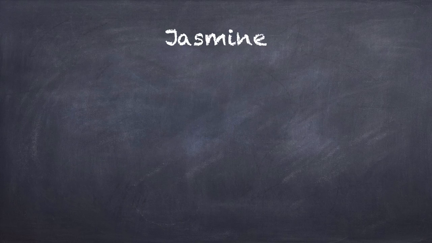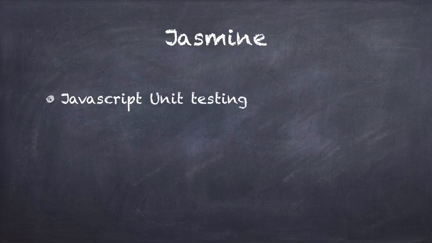Finally, Jasmine. This is a unit testing framework specifically for JavaScript. We talked about application testing, website testing. Unit testing, if you're not familiar with the term, is where you test just a single chunk of code rather than the entire block of application code. Unit testing is a very important skill to use.